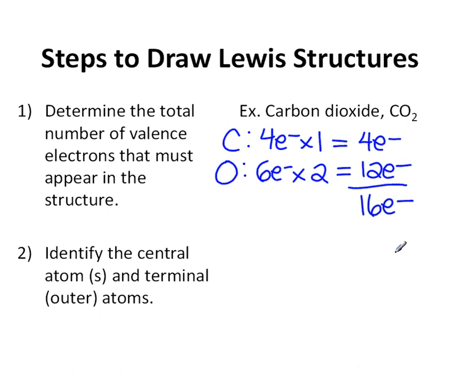The next thing you want to do is start thinking about how you're going to set up your structure. There's an atom that goes in the center and ones that go on the outside. There's a couple of ways you can do this. One rule says that the element with the lowest electronegativity value will go in the center. So that's one option.